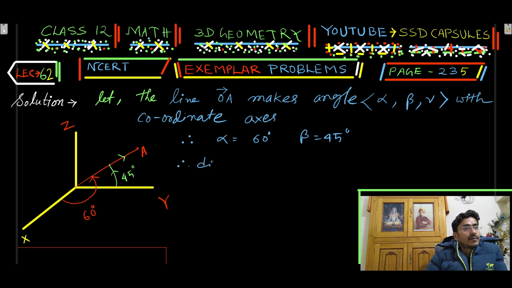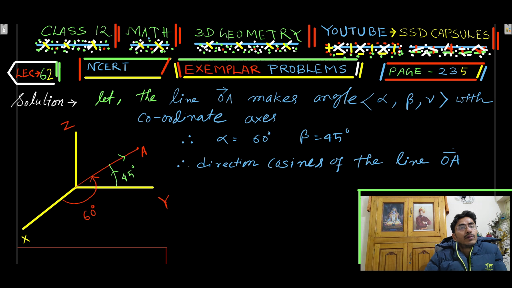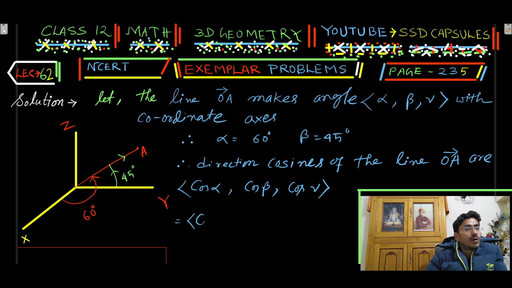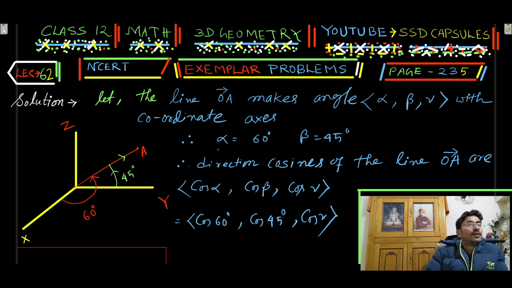Therefore direction cosines of the line are cos alpha, cos beta and cos gamma, equal to cos 60 degree, cos 45 degree and cos gamma.